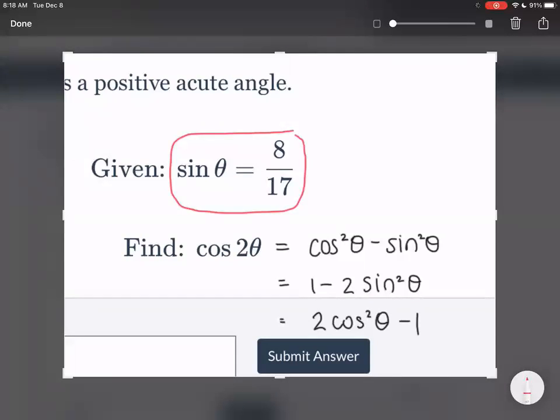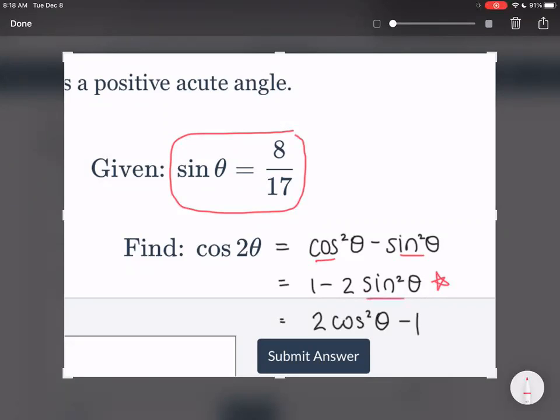Now looking at the 3 formulas that we could choose from, the middle one just uses the sine, okay? Because the first one uses cosine and sine, so we would have to look for cosine, which we can do by drawing the triangle, but it's easier to have less work.